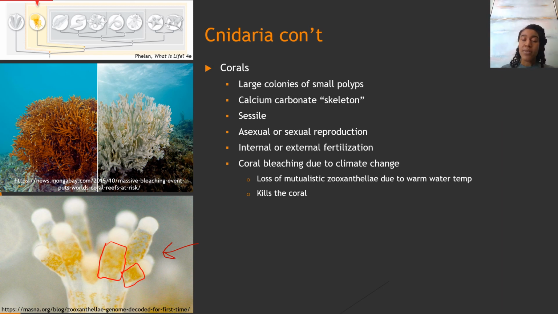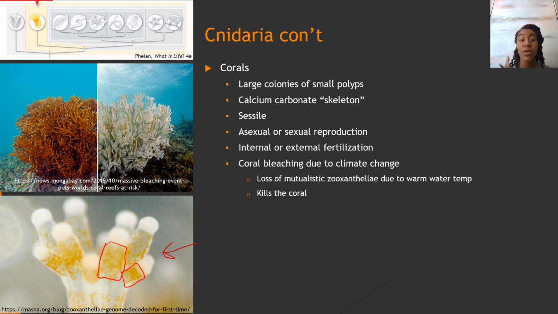What happens is, as the climate is changing and temperatures get warmer and warmer, this causes the ocean temperatures to increase as well. Well, these zooxanthellae do not like really warm temperatures. Some can handle warmer temperatures than others, but if the temperature gets too high, they basically start to produce toxic compounds. Those toxic compounds will make the coral sick.